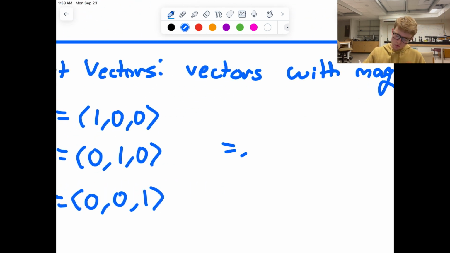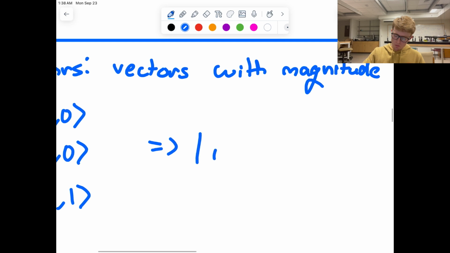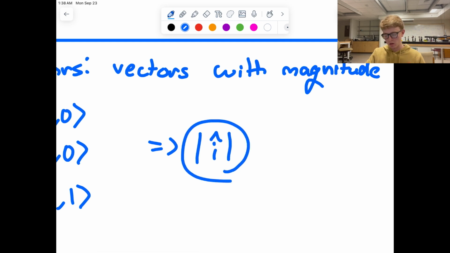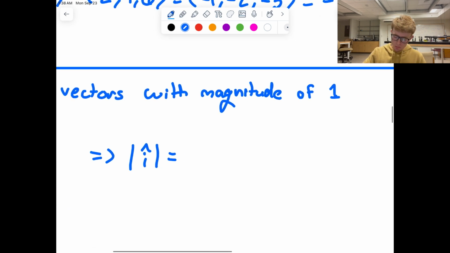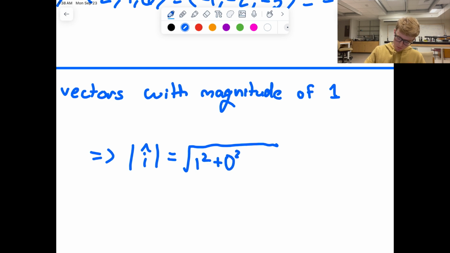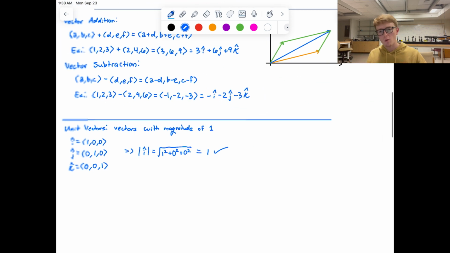And if we take the magnitude of I hat, you'll notice these absolute value bars that I'm putting around I hat, that just means magnitude. So you can associate those absolute value bars with magnitude. If I want to compute that, it's just going to be 1 squared plus 0 squared plus 0 squared, all square rooted. And that's going to be 1. So checks out. That's the only requirement for being a unit vector, so it is a unit vector.